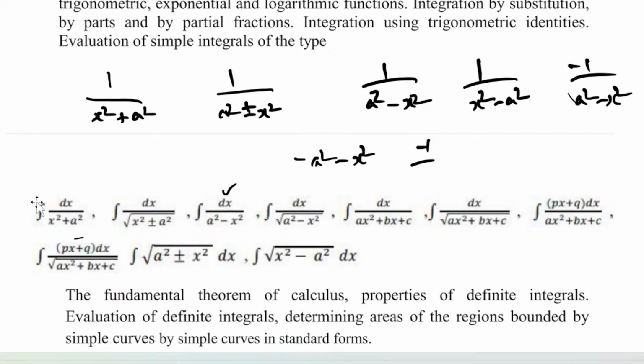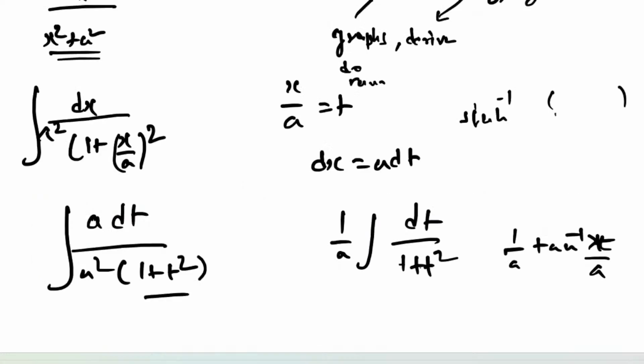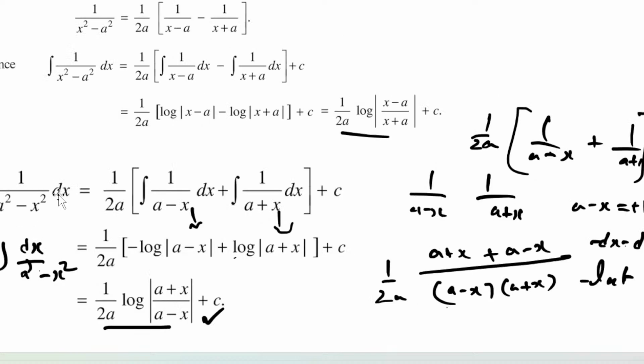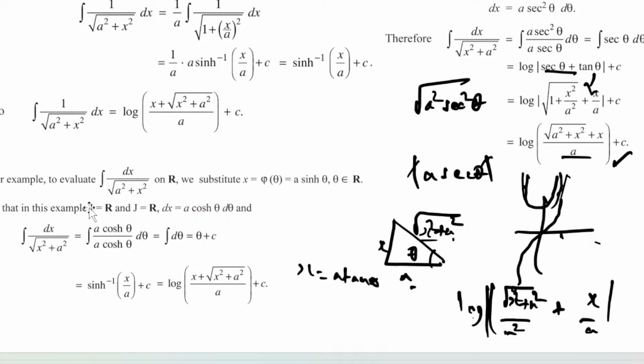This one we have sorted, and this one you are doing using sine h inverse. For x square plus a square, we know sine h inverse x by a. How did we do it? We took a common, x by a equals t, and then we are able to do this.